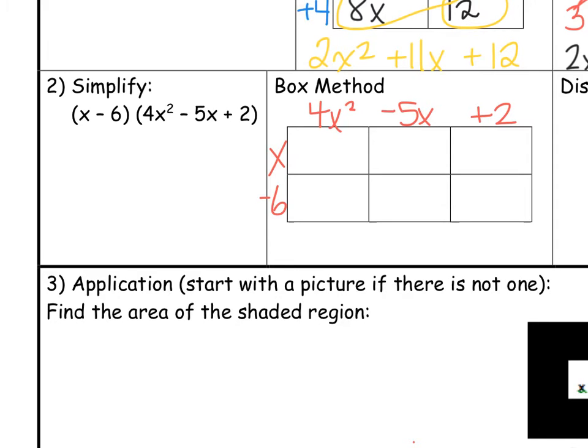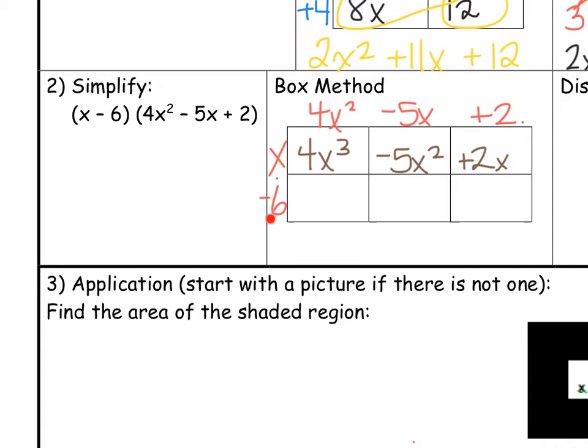We're going to do the same thing that we did before. x times 4x squared gives us 4x cubed. x times negative 5x gives us negative 5x squared, and then x times 2 gives us a plus 2x.